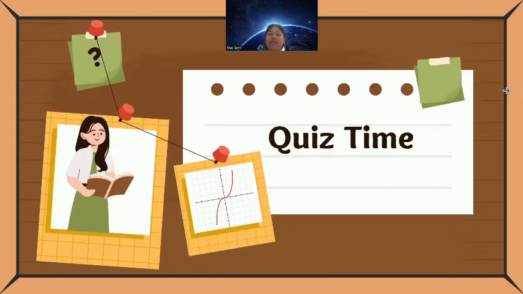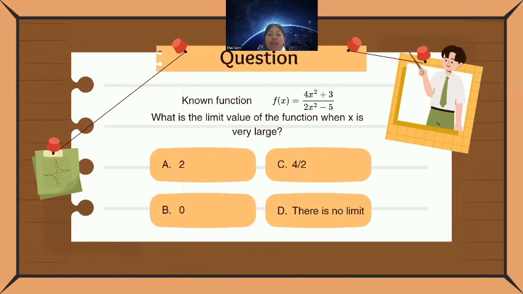Next. Now, let's try to solve a quiz. We are given the function f(x) equals 4x squared plus 3 divided by 2x squared minus 5.